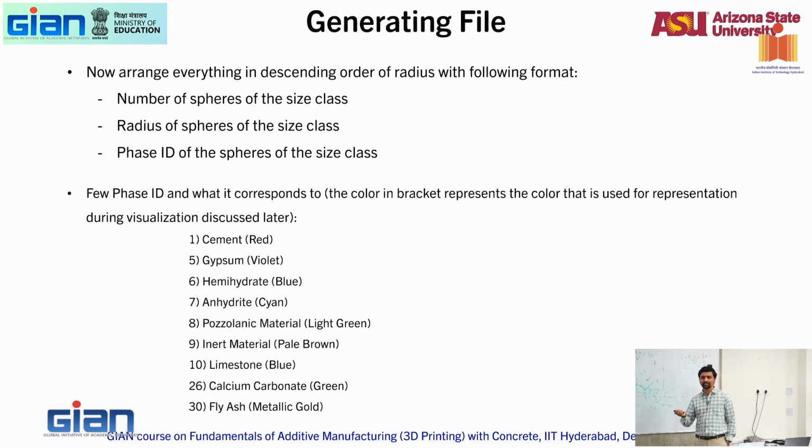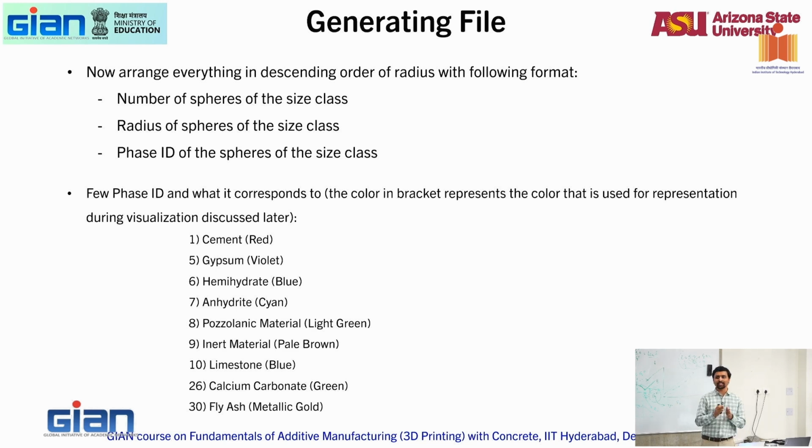So that kind of scenario, where you have to put the larger particle first, because if you put the smaller particle first, the gap might not be enough for the larger particles to sit in. But if the larger particle is already in, there should be some space for the smaller particle to be distributed. So it starts with the larger particle first and then keeps on distributing the smaller particles. So it goes in descending order, not ascending order. So now we have to change the whole thing into descending order.